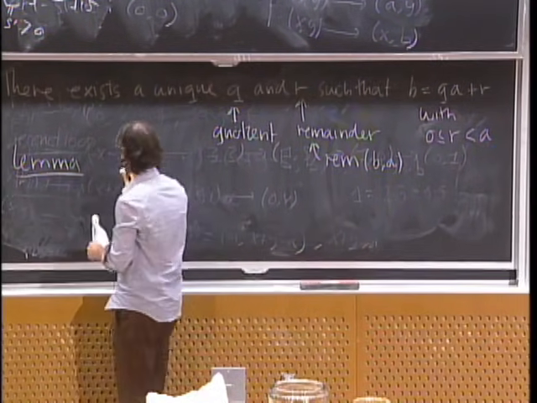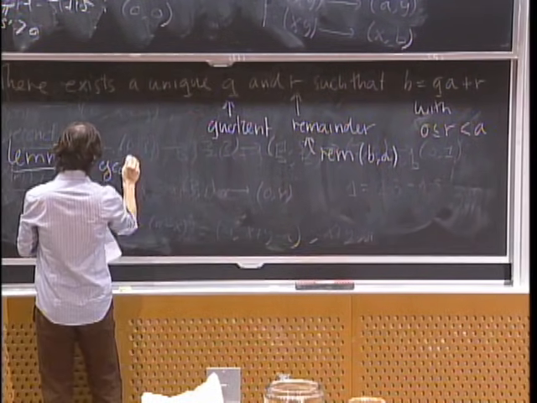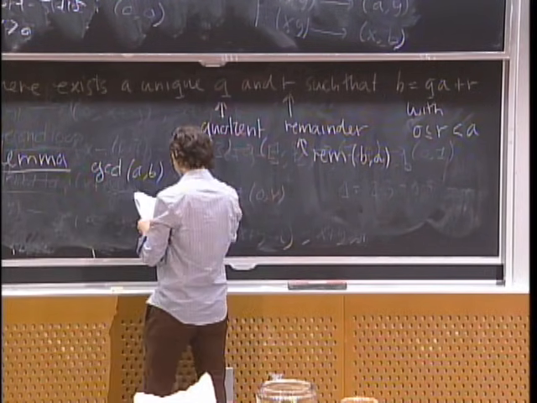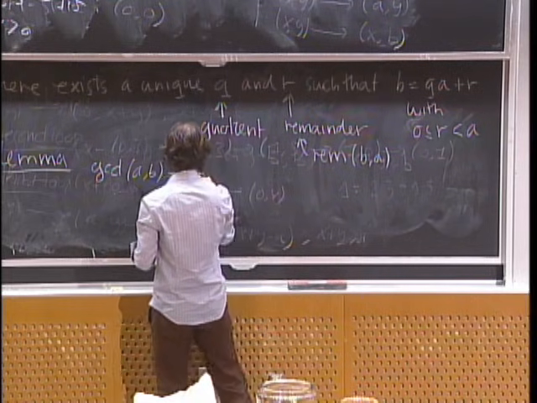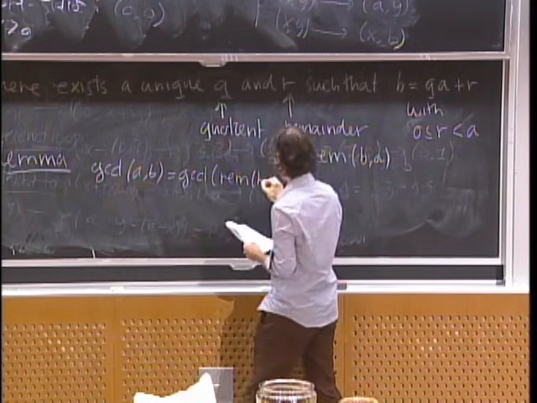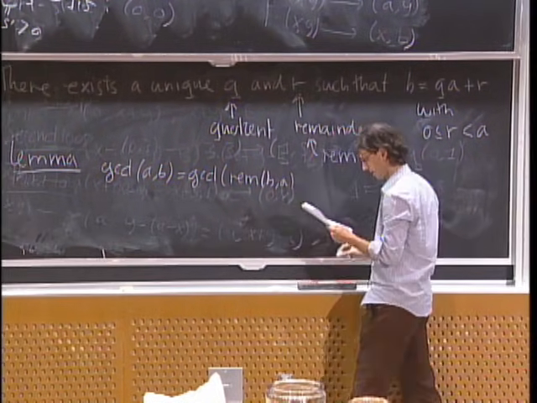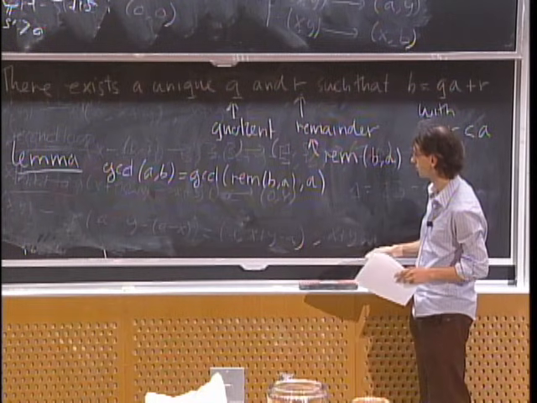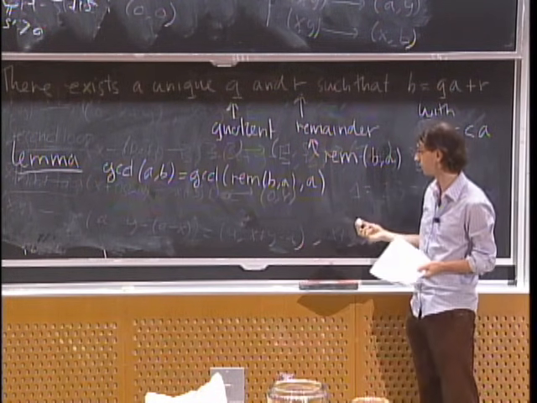So what's the lemma? The lemma is that the greatest common divisor of a and b is equal to the greatest common divisor of the remainder of b and a, with a. So what did we do? Let's give an example to see how this works.